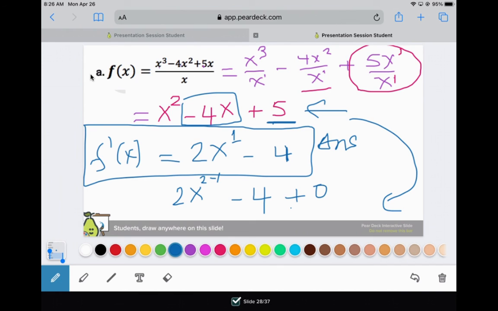Then you can take the derivative. So on the steps right here, notice when I put the equal sign, I haven't taken the derivative yet. Only when I take the derivative, notice I put f prime, right? So this is different right here. I put that sign right there, okay?